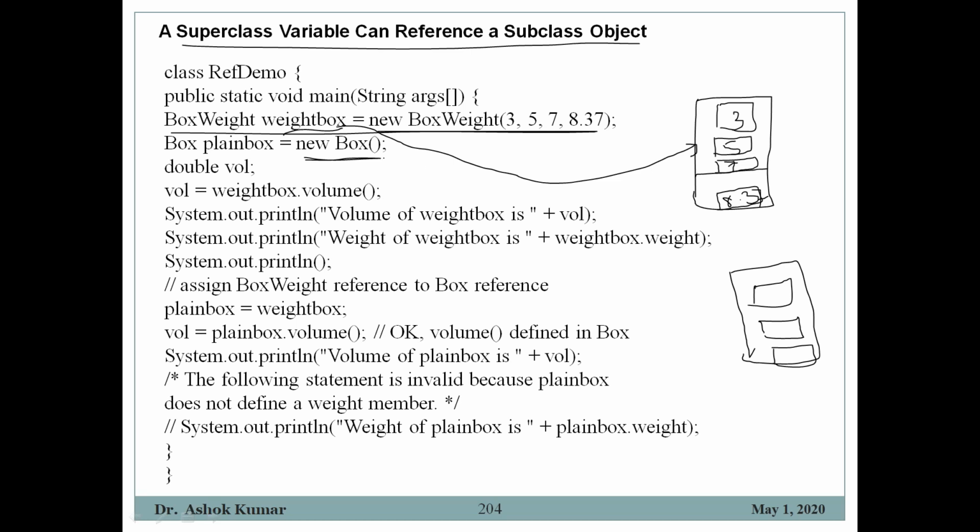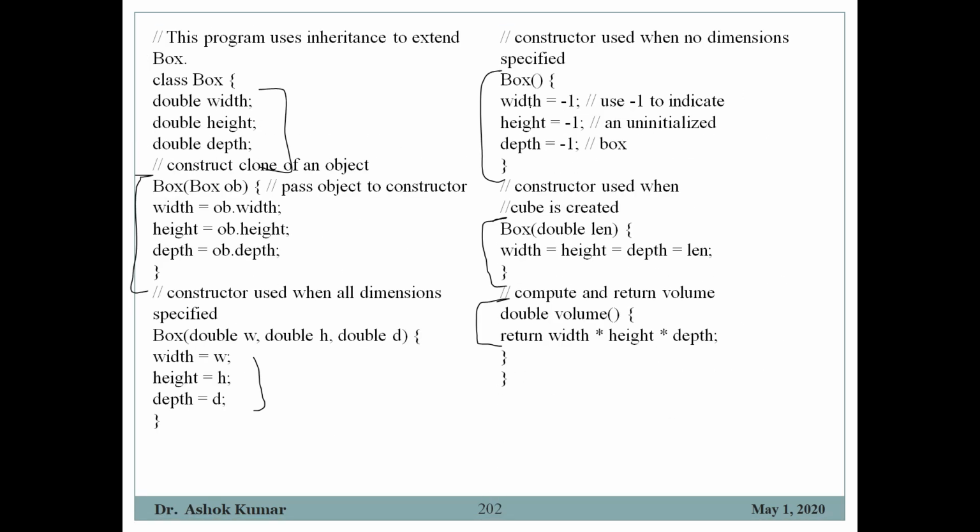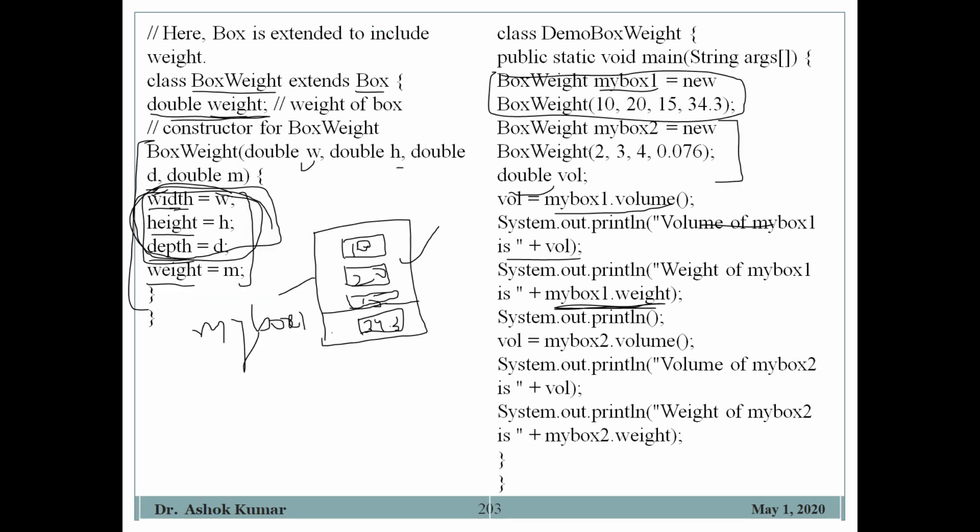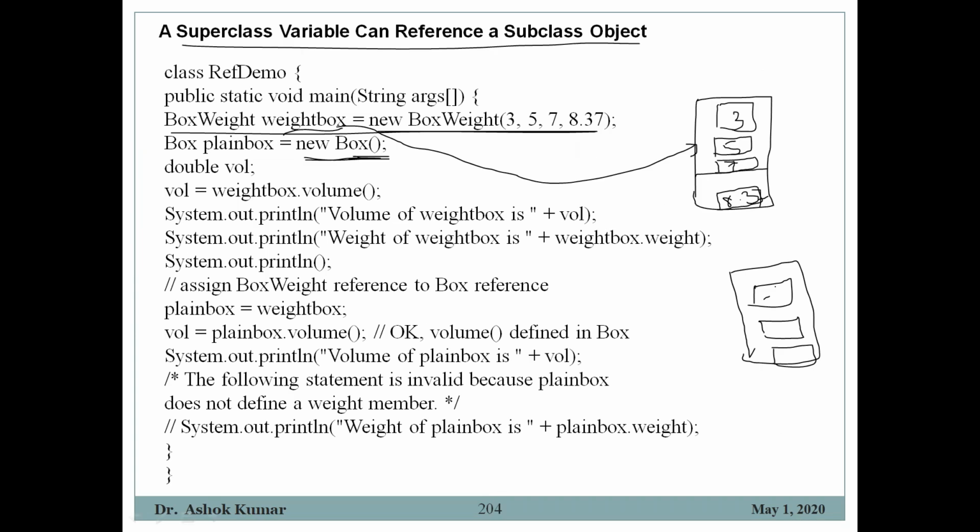And here in this case, because the non-parameterized constructor is being called, this will call the non-parameterized constructor of the class, and width, height, and depth will initialize to -1, -1, and -1. And the reference that this object will get is the plain box.